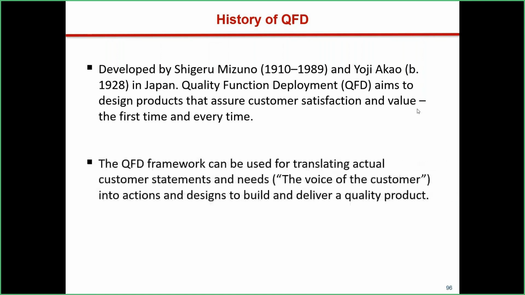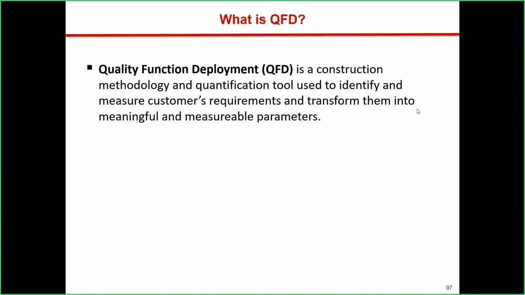The QFD framework can be used for translating actual customer statements and needs, voice of the customer, into action and design to build and deliver a quality product. Quality function deployment is a construction methodology and quantification tool used to identify and measure customers' requirements and transform them into meaningful and measurable parameters.